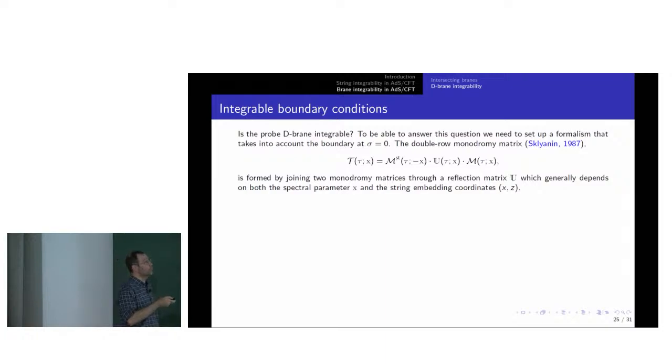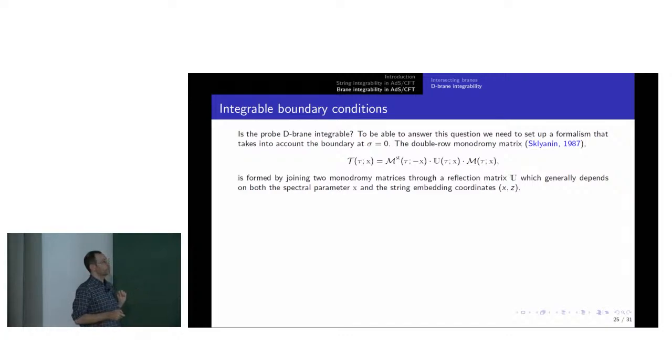The conserved charges of the bulk are contained in these monodromies, but the presence of this non-abelian structure in the double row monodromy eliminates certain of these charges, and we're left with fewer conservation laws. Well, we can of course have all the conservation laws in certain cases, but formally, we get fewer.